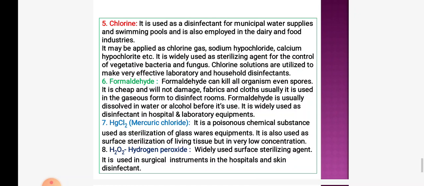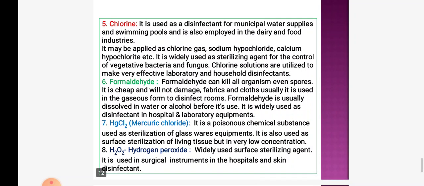Then formaldehyde can kill all organisms, for example, spores. It is cheap and it will not damage fabrics or clothes. It is used in gaseous form. It is dissolved in water or alcohol before its use.